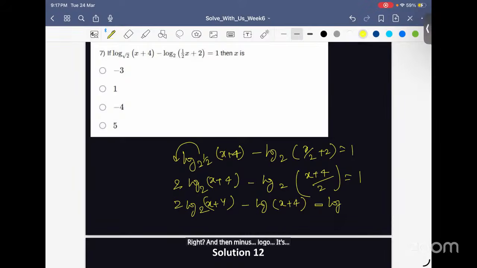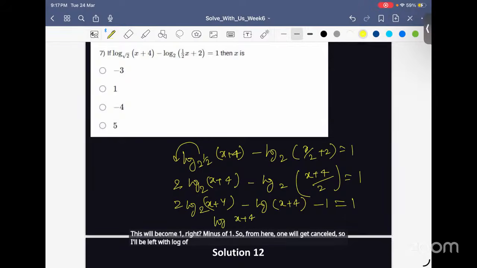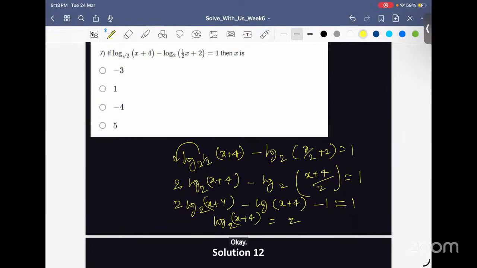That will be log of 2 to the base 2. Yeah, log of base 2 to the base, sorry. This will become 1, right? Minus of 1. Yes, sir. So from here 1 will get cancelled, so we'll be left with log of x plus 4 base 2 equals to 2, correct? So x plus 4 becomes 4.